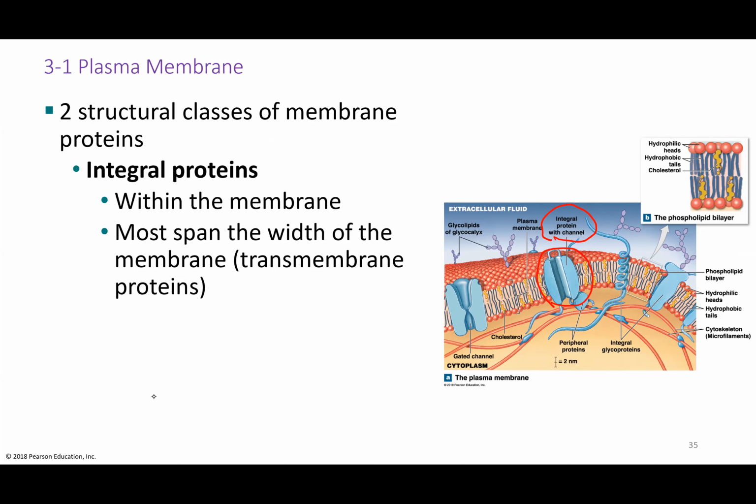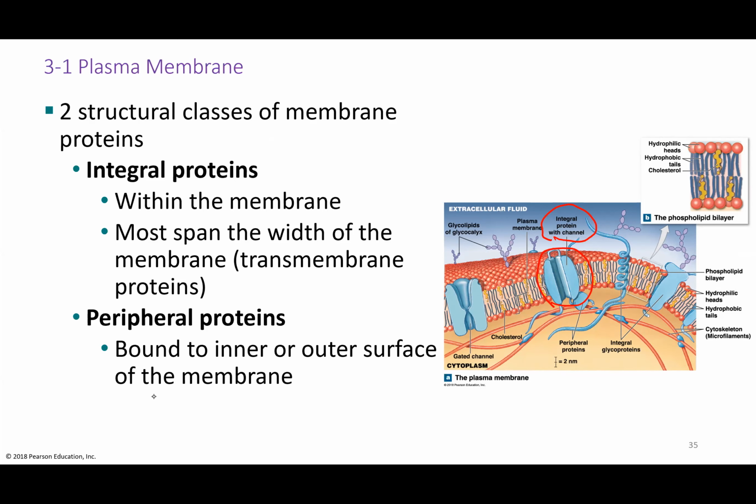You can also call them transmembrane proteins, and they form things like channels that allow substances to pass through the plasma membrane. The other type of structural class of membrane proteins are peripheral proteins. And these are either bound to the inner or the outer surface of the membrane.